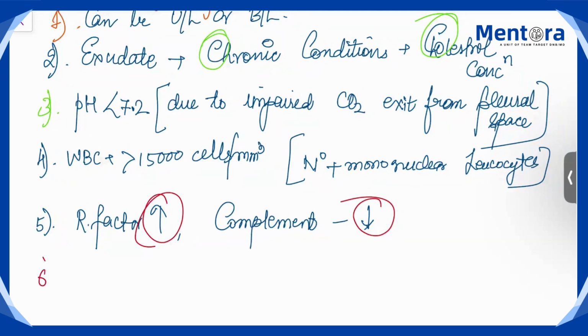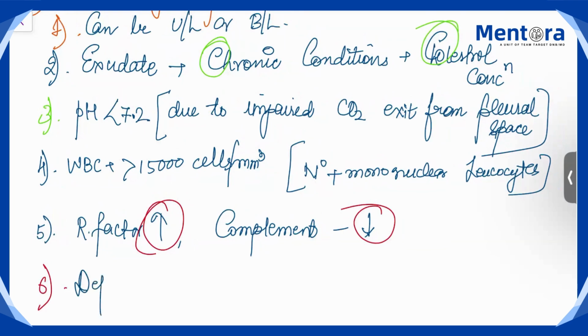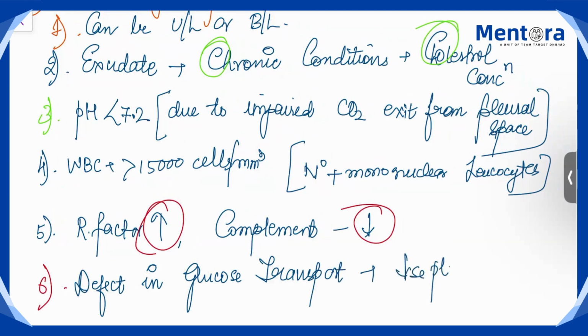Sixth, there is a defect in glucose transport in rheumatoid arthritis. Because of this, there will be a decrease in pleural fluid glucose levels. This is a characteristic feature of rheumatoid arthritis.